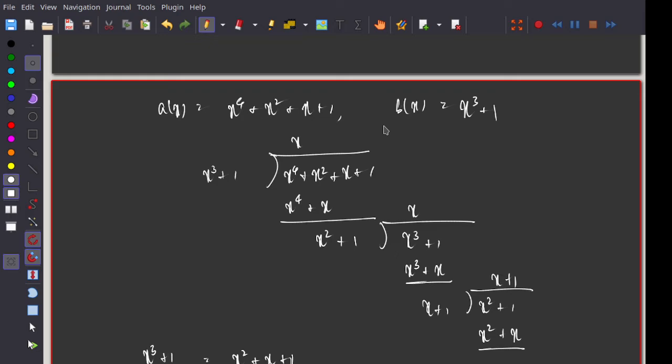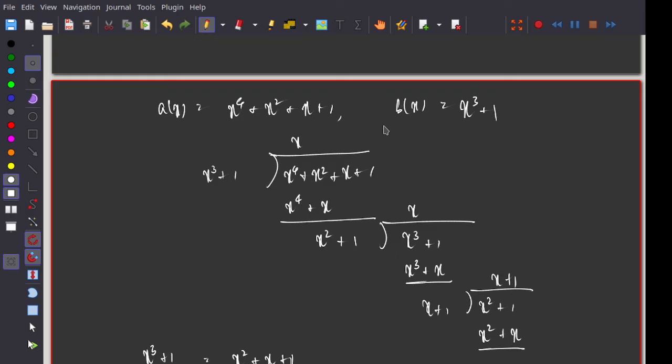But now the way we'll proceed is by taking the set of all polynomials modulo some other polynomial. And for that I need the notion of prime polynomials, the equivalent of prime numbers over the integers.